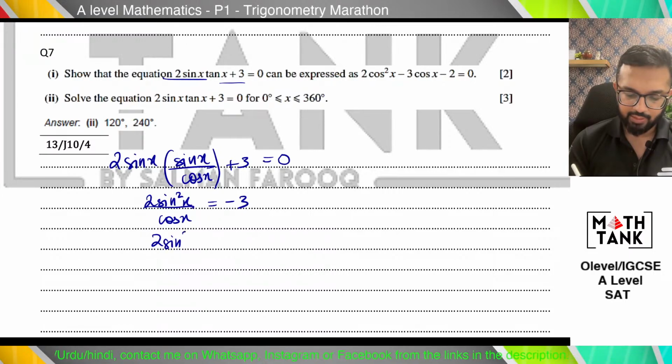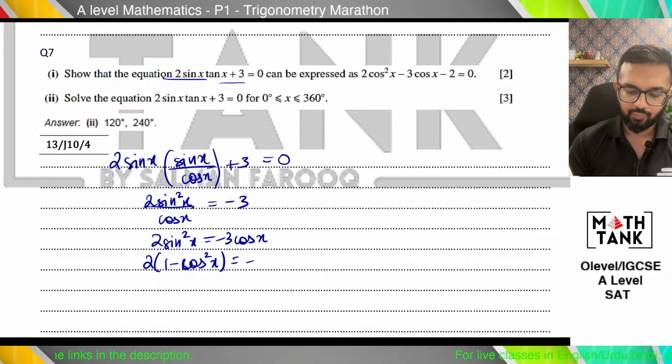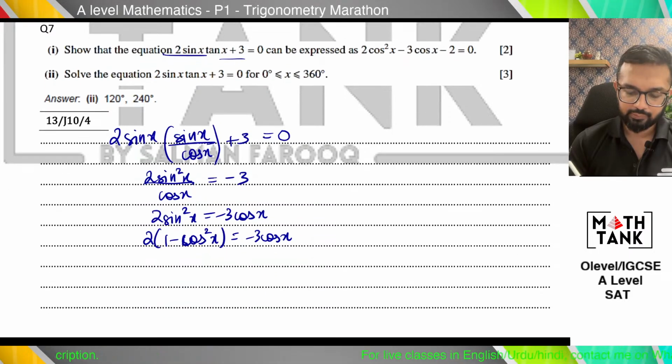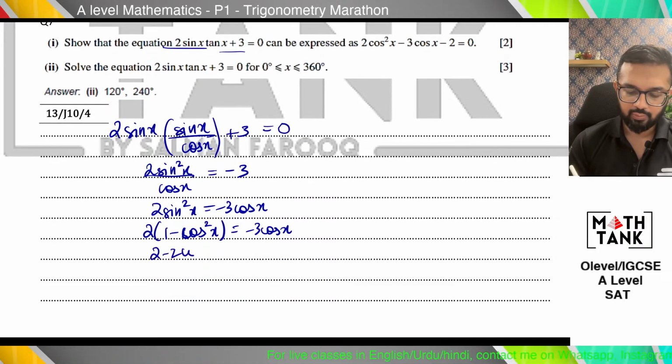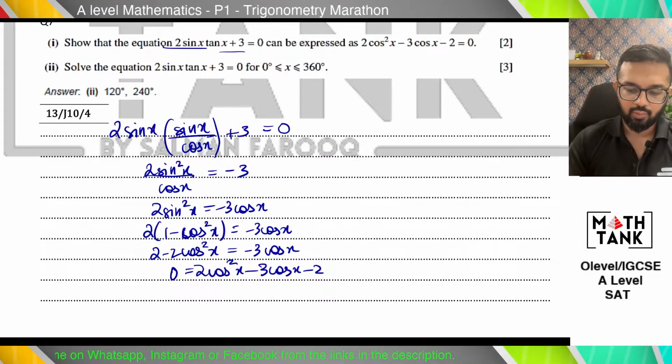So 2 sine squared x equals minus 3 cos x. I can write this as 1 minus cos squared x.